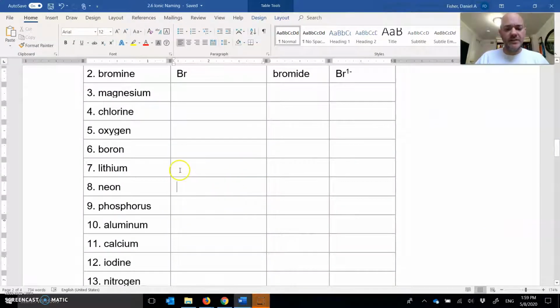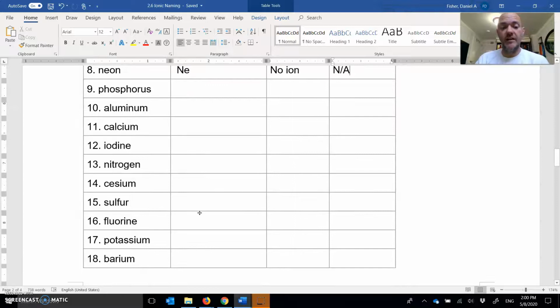So with something like this, it's Ne for the symbol, but it doesn't form an ion. So I can say something like "no ion," or "not applicable" if you want. So think about that as you're going through. There are some questions in here that are kind of trick questions. This one's not really going to form an ion. I want you to be able to identify the ones that are not necessarily going to form an ion.